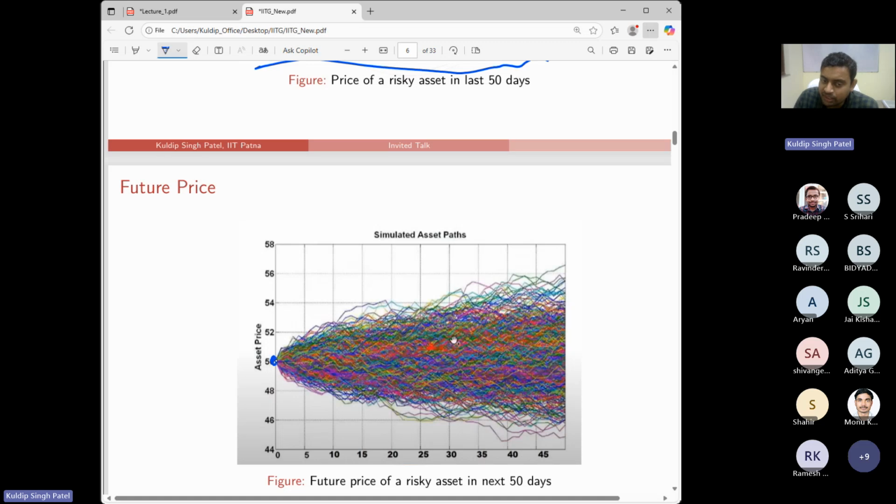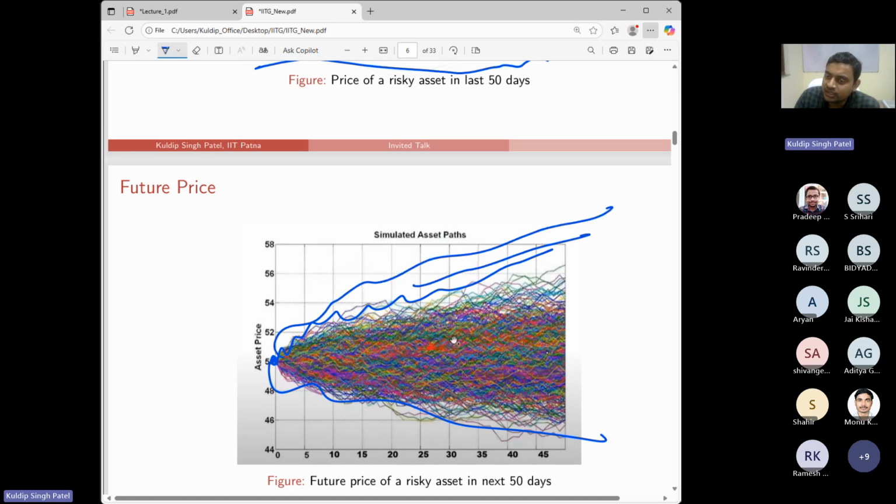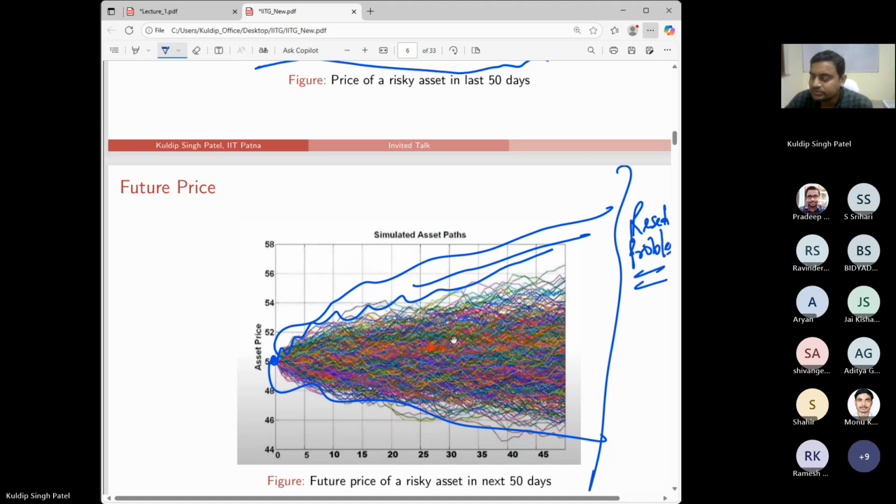Now today it is 50, but it can go like this, it can go like this, even it can go like this also. So this is one research problem: using AIML, using statistics, how you can predict the stock price in future. Right.